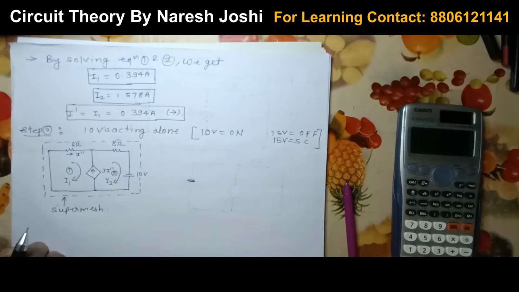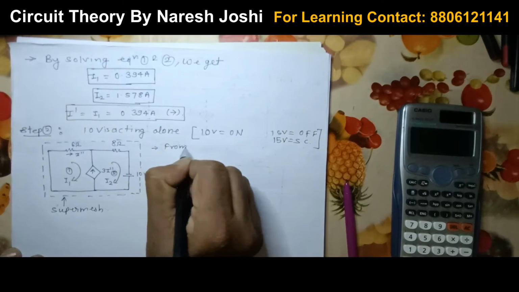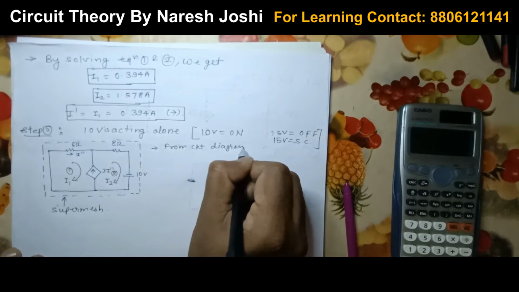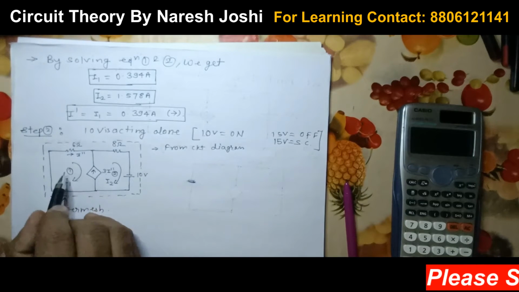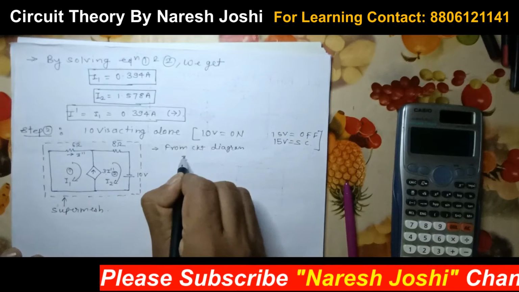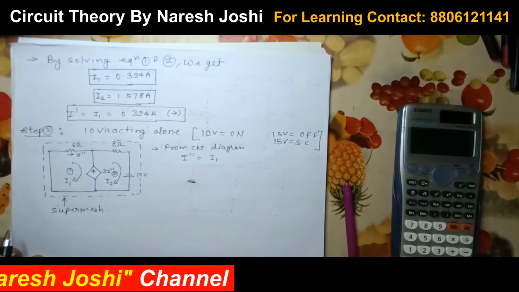Clear? Further, first from the circuit diagram, you can see I double dash and I both have the same direction, so I will write here I double dash equals I1. Clear? So this is from the circuit diagram.